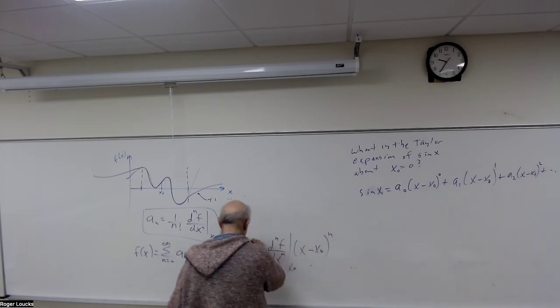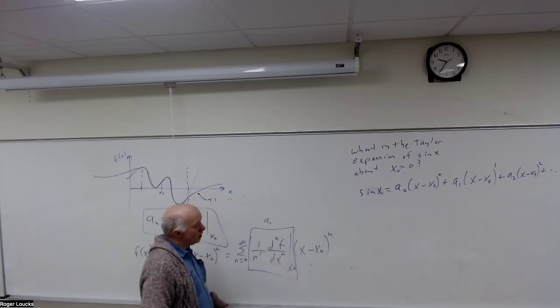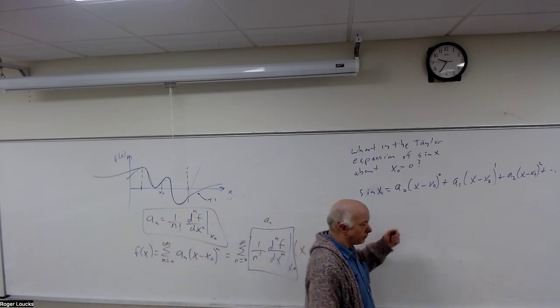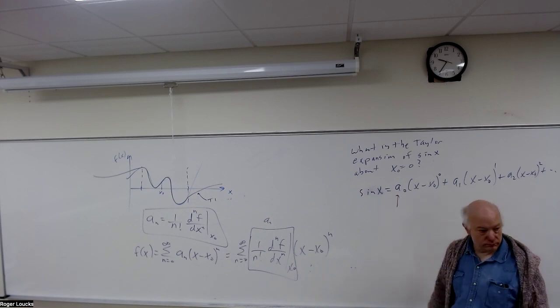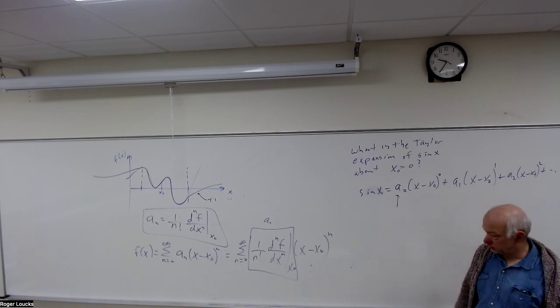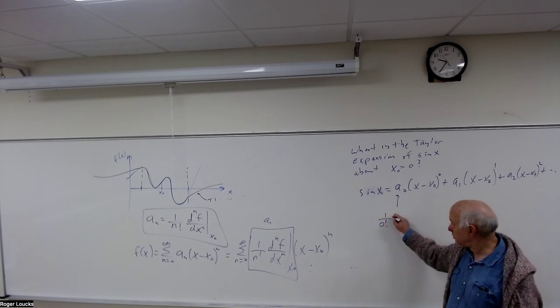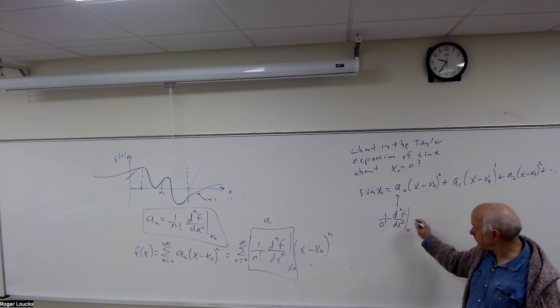And this whole thing here is my an. So what does this tell me to do? This a0 term is going to be 1 over 0 factorial times the 0th derivative of this, evaluated at 0 because that's my x naught.